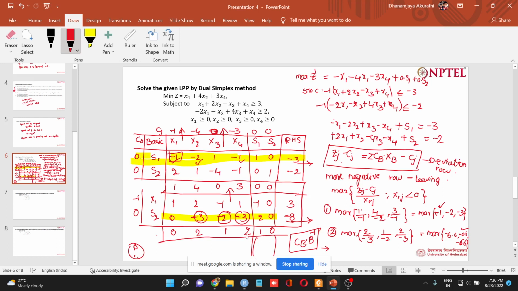If any of the row deviations are negative, but the RHS values are also negative, then that would be the unbounded solution indication, or the method fails. Is it okay?